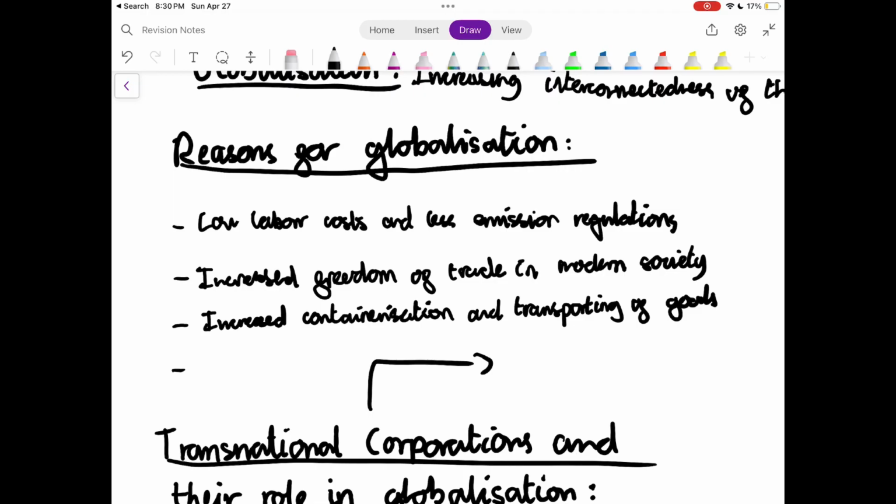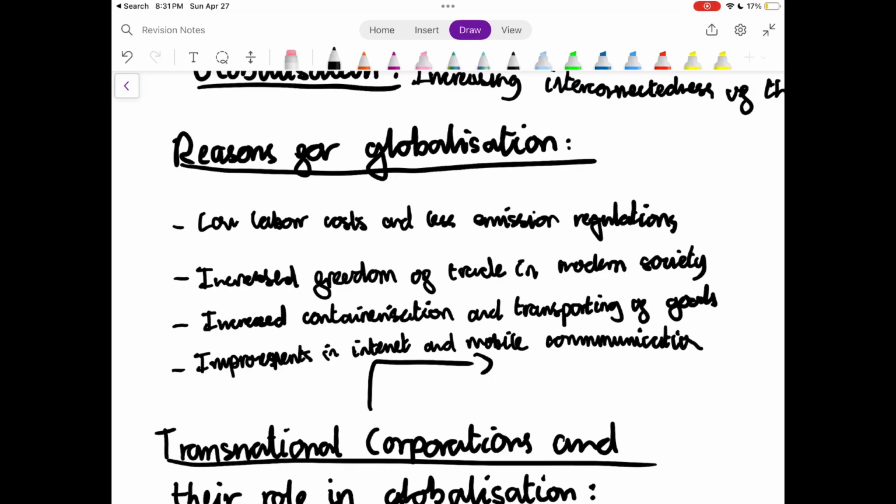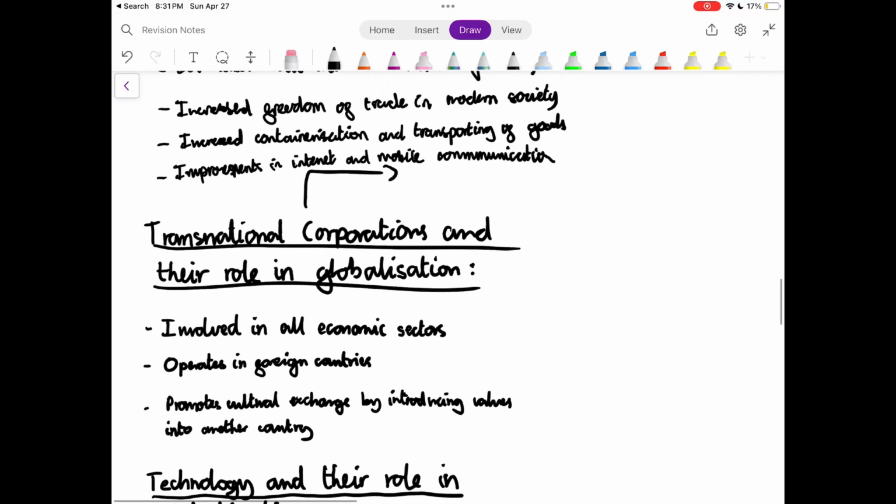So those ships that have large containers which are stored with goods and are transported from one country to another by ships. So that is what containerization is. And there's also been improvements in internet and mobile communication. And yeah, those are the reasons why there's globalization.